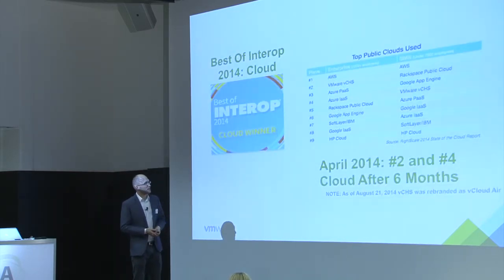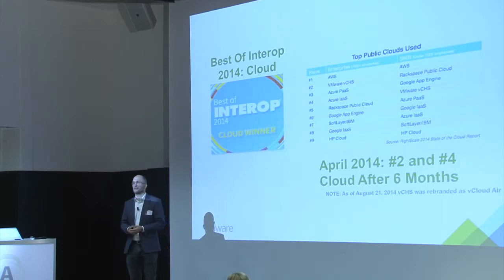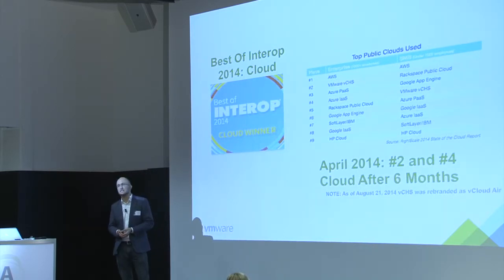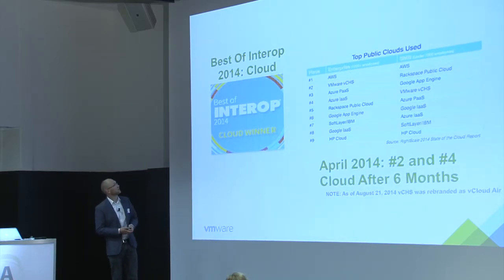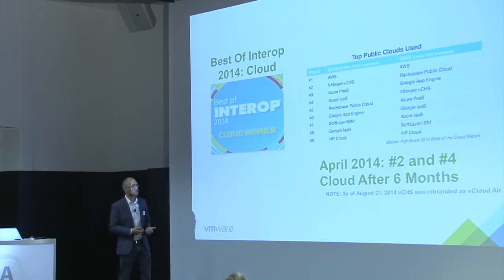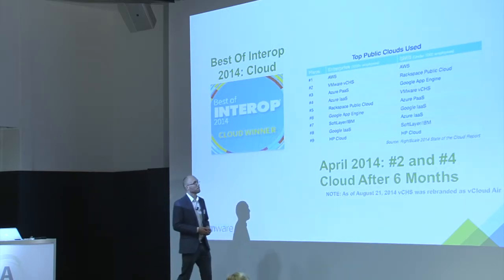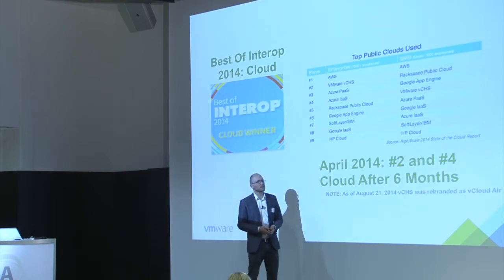So VCloud Air used to be called VMware VCHS, so vCloud Hybrid Services. And while it was called that, we actually won the Interop Cloud winner in 2014, so this year. It was started a year ago, VCHS, and now it was rebranded into VCloud Air.